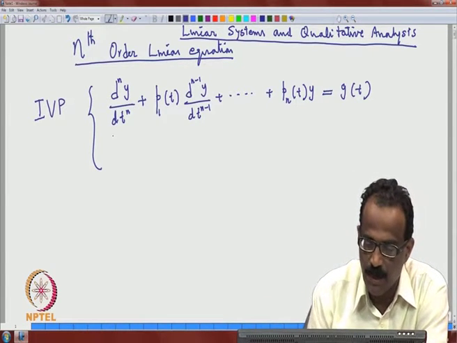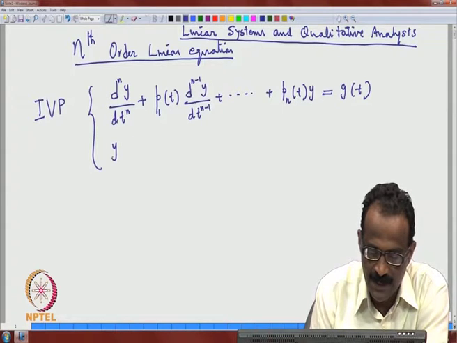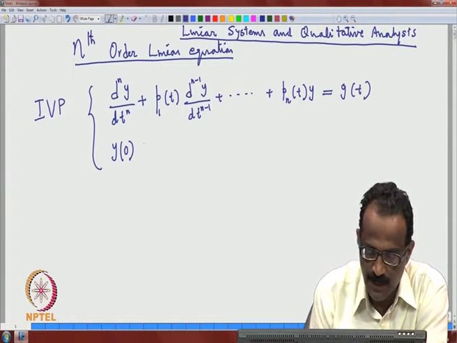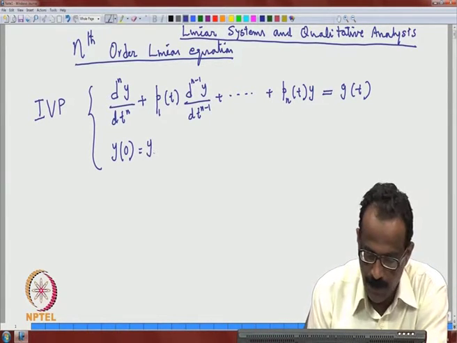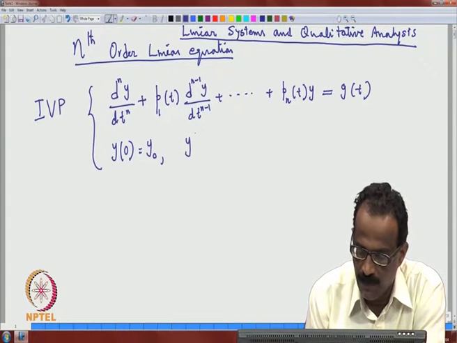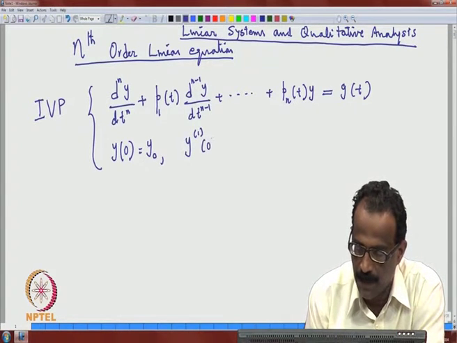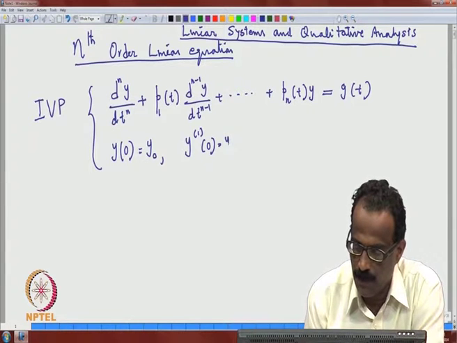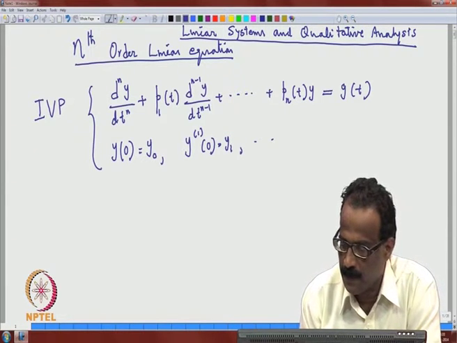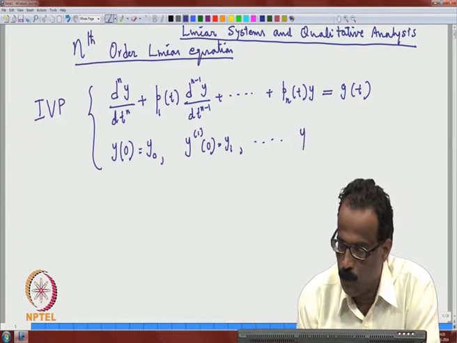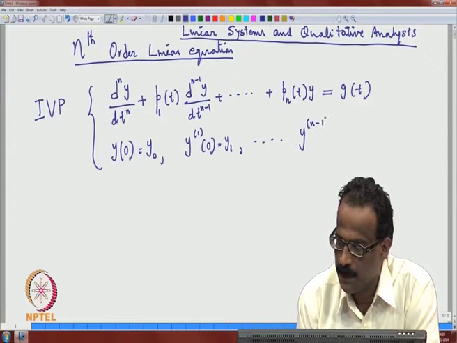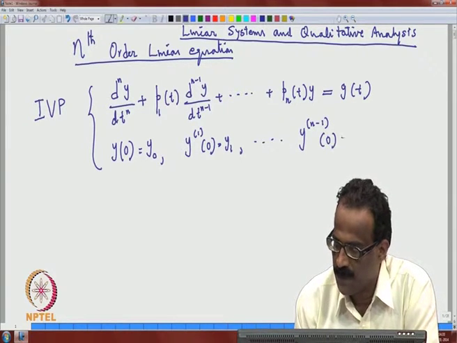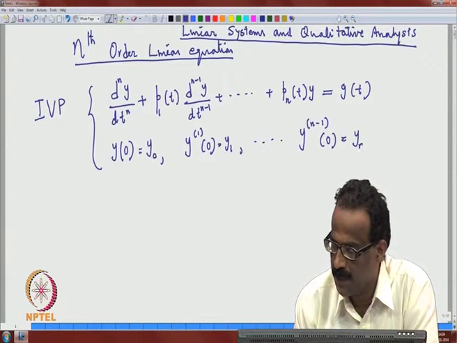For an initial value problem you need n conditions, for example y at 0 is equal to y0, y prime at 0 is equal to y1, etc., up to y^(n-1) at 0 is equal to y_(n-1).